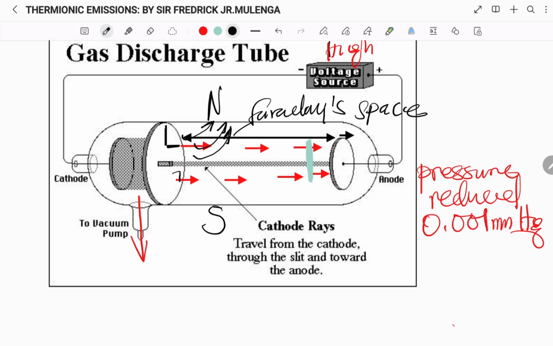That's the second property. The point is that cathode rays are deflected in a magnetic field, and the pole they go towards is the north pole.